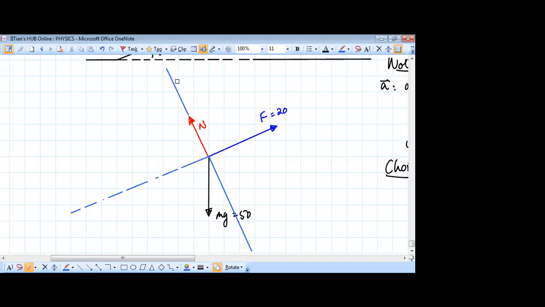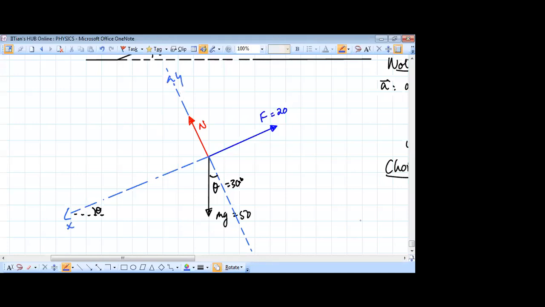In fact, generally speaking, always for an inclined plane, we take the same choice of axis. And always remember the simple principle that whatever inclined plane is making with the horizontal, mg makes the same with the vertical. So this theta will be 30 degrees without fail. This angle and this angle will always be the same.